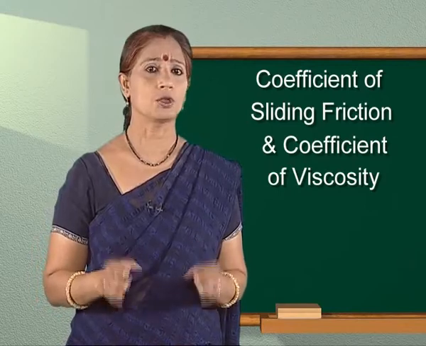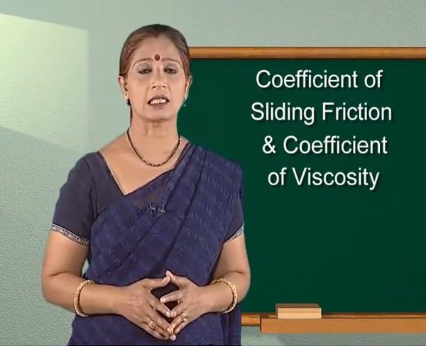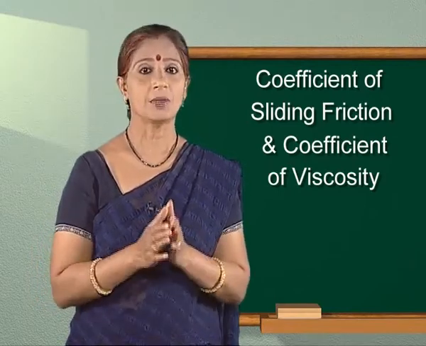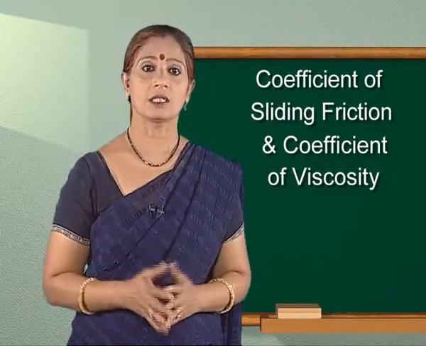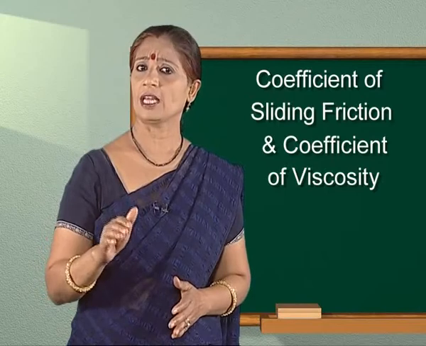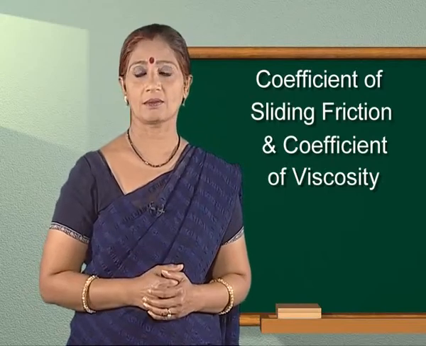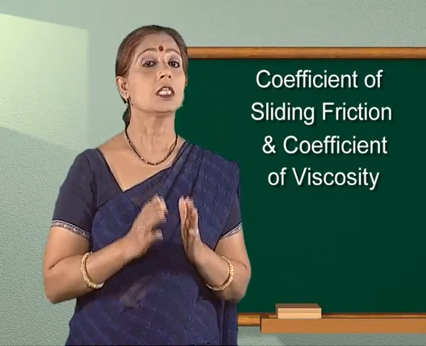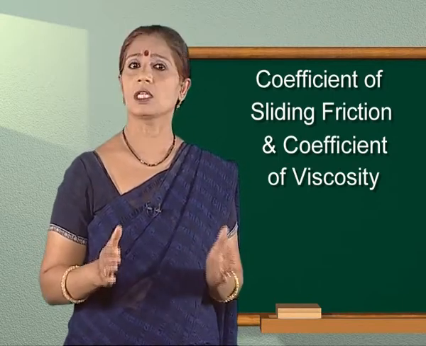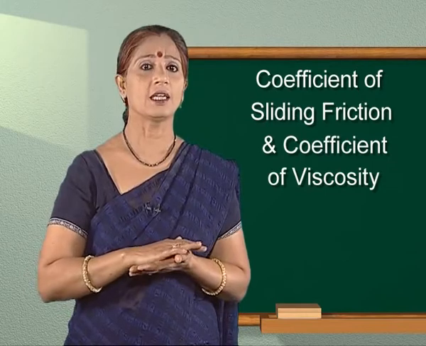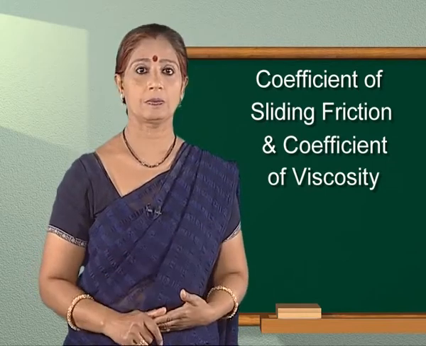Heat them to push out any dissolved gases and keep them in contact with each other in an evacuated chamber at a very low pressure of air. The blocks stick to each other and a large force is needed to slide one over the other.